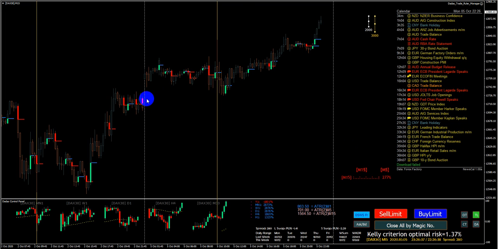Between those white lines is the day, and the yellow line is more or less the London opening hour. And then I'm usually at my charts a little bit later. Very seldom will I be earlier. And then I'm looking for a trade.